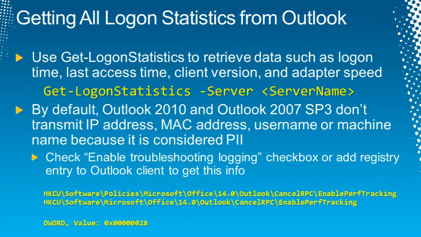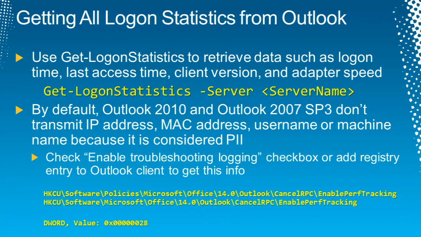We don't want any of our products to ever, either intentionally or accidentally, divulge any PII without an administrator being informed that this possibly represents that and could transmit it. So there is a registry entry that you can add to Outlook 2010 and Outlook 2007 SP3 that, when you add it with a specific value, will re-enable the transmitting of this data.